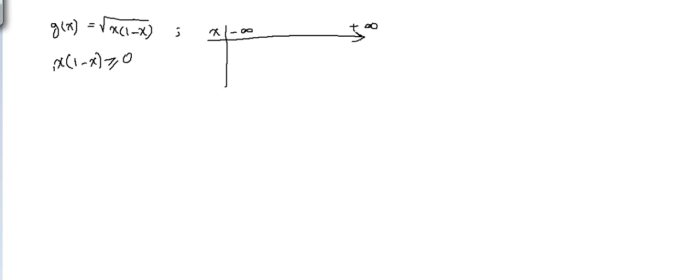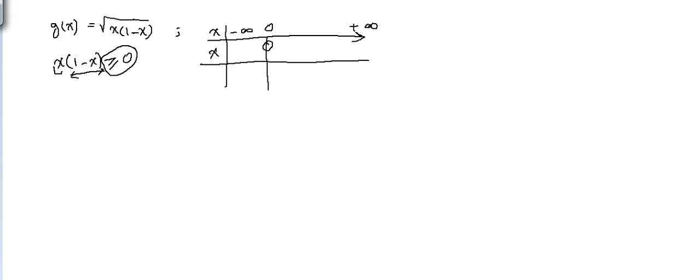We have two different factors. x is one of the factors, and 1 minus x is another factor. But we just need to find where the radicand, inside the radical of the function, is greater than or equal to 0. So x is equal to 0 when x equals 0, right?